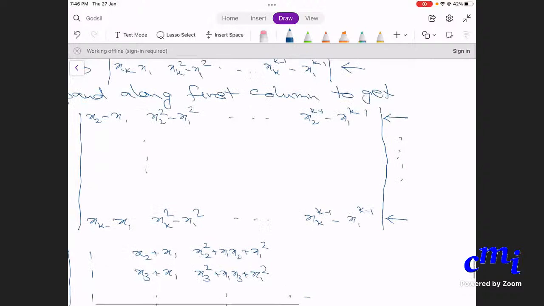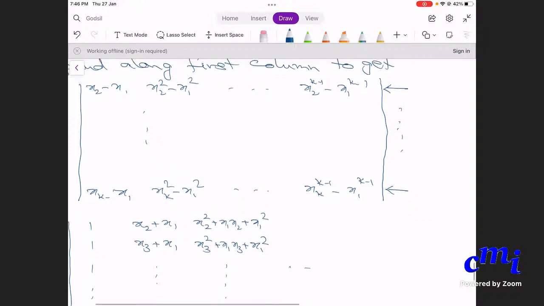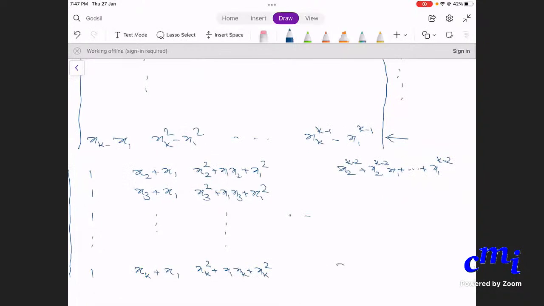If I take x2 to the k minus 1 minus x1 to the k minus 1 divided by x2 minus x1, I'll get x2 to the k minus 2 plus x2 to the k minus 3 x1, up to x1 to the power k minus 2. So these are just some calculations which you can easily do. Similarly, xk to the k minus 2 plus xk to the k minus 3 x1, up to x1 to the k minus 2.